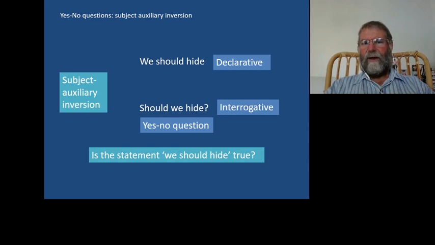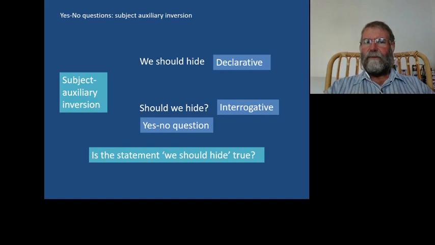The idea is that we are inverting the order of the auxiliary verb "should" and the subject, in this case "we". And that name itself indicates that the traditional view of these types of sentences is such that the interrogative is related to the declarative, because what we're doing is inverting the order of the subject and the auxiliary from its normal order that we see in the declarative.